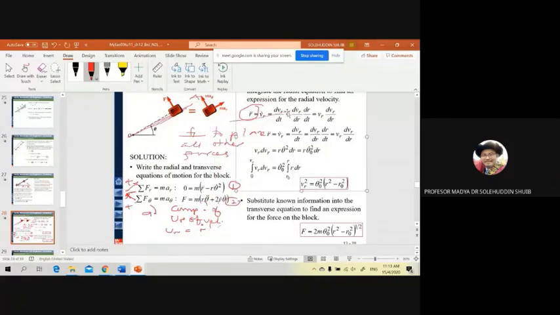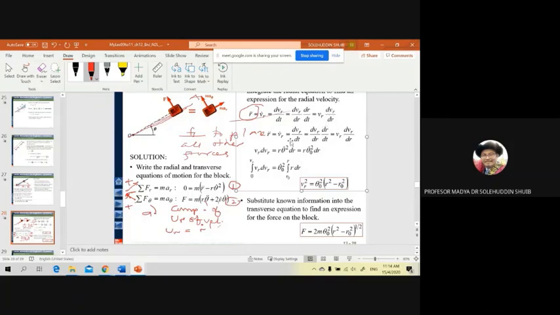So we start to do the derivation of it, which is dV_r/dt equal to dV_r/dr times dr/dt. So which is V_r times dV_r/dr.